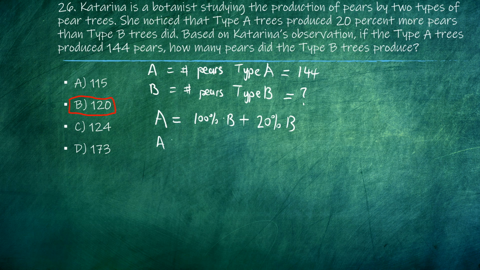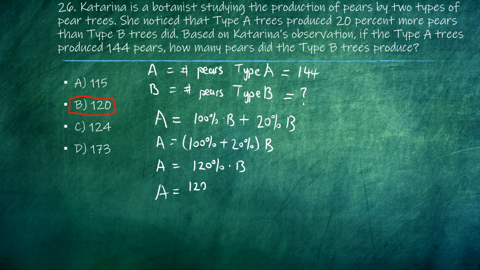And we can pull out this B term on both, and so this becomes 100% plus 20% times B, and we have 120% times B. And whenever we have a percentage, we can always rewrite that as whatever the number is over 100.